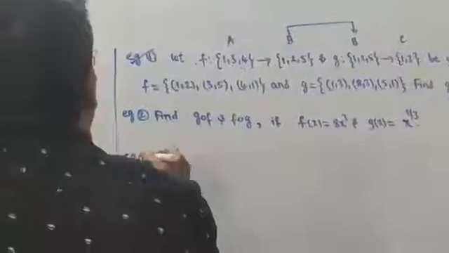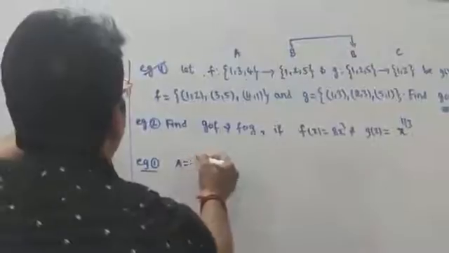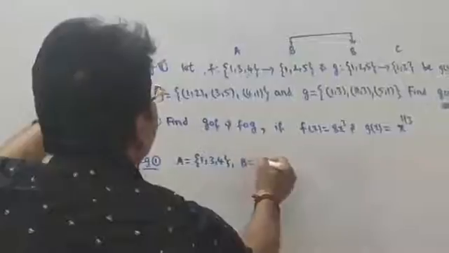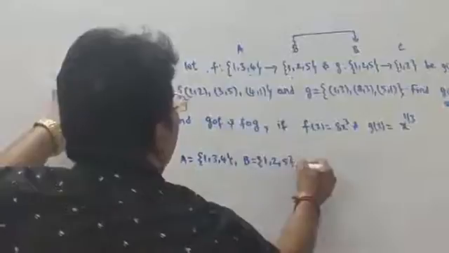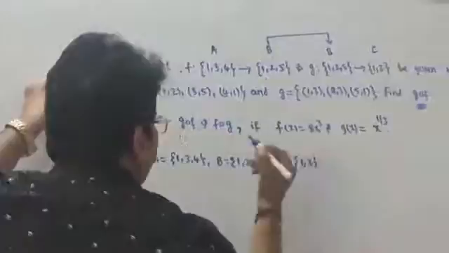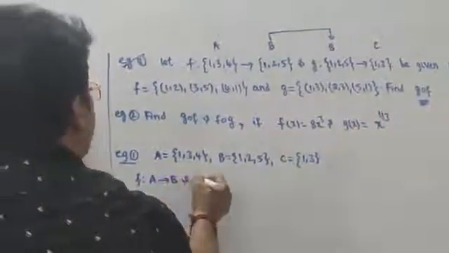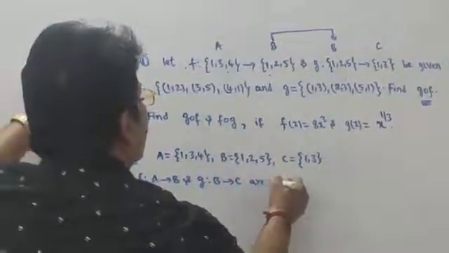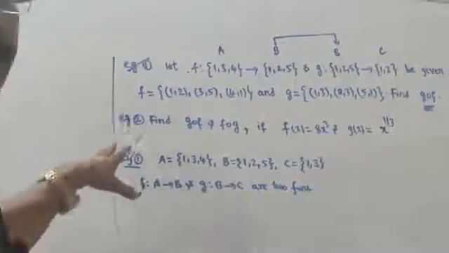Here capital A is equal to {1, 3, 4}, capital B is equal to the set {1 to 5} and capital C is equal to the set {1, 3}. Therefore F from A to B and G from B to C are two functions. So this is the complete explanation.